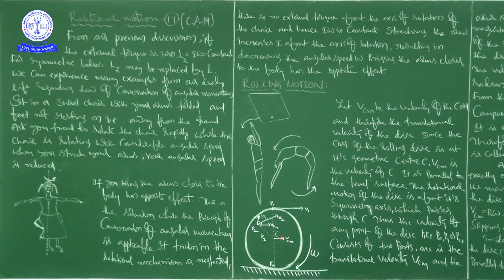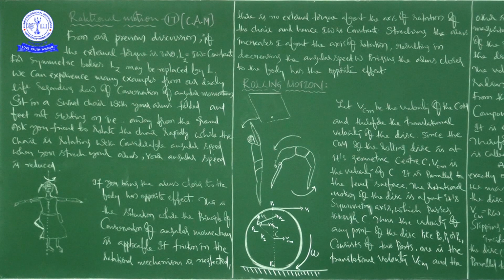See here, which is parallel, no? So this is the level surface. So this is parallel to the level surface. The rotational motion of the disk is about its symmetry axis, which passes through C.